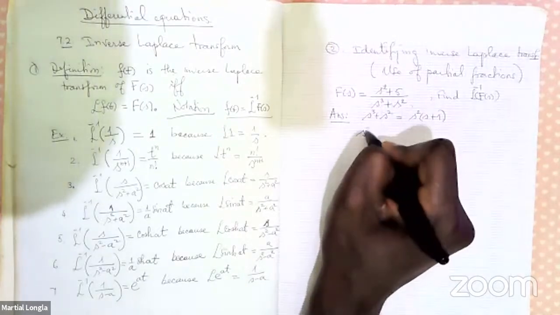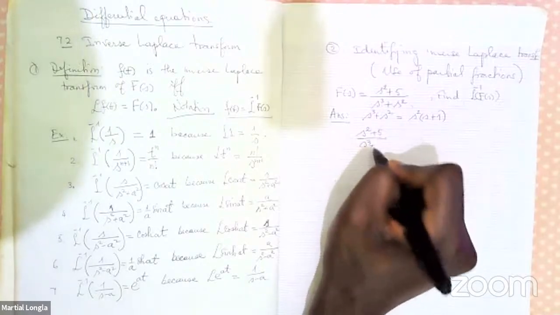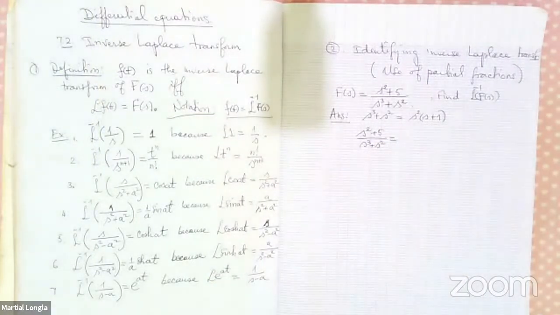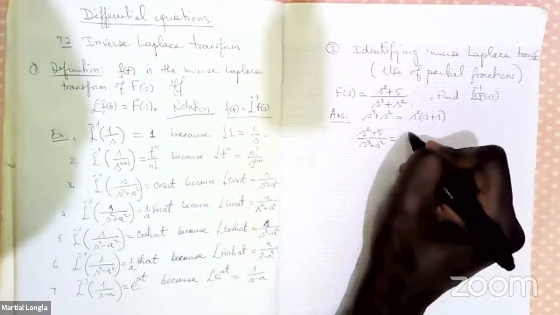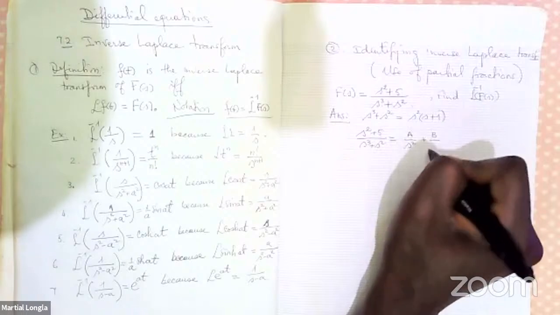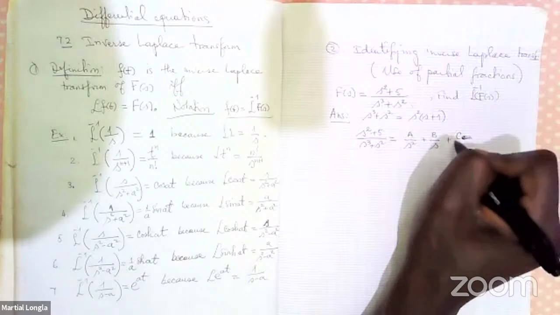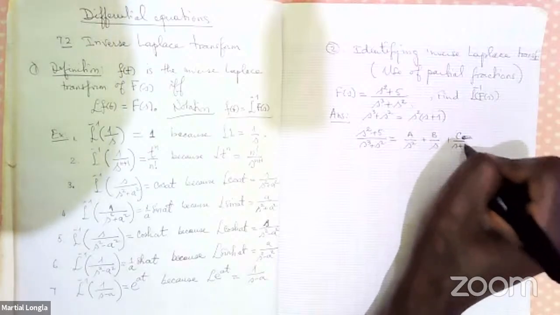Therefore, we can go ahead and say s squared plus 5 over s cubed plus s squared. And if you remember your partial fractions from your calculus 2 class, you know it's going to be A over s squared plus B over s, plus C over s plus 1.